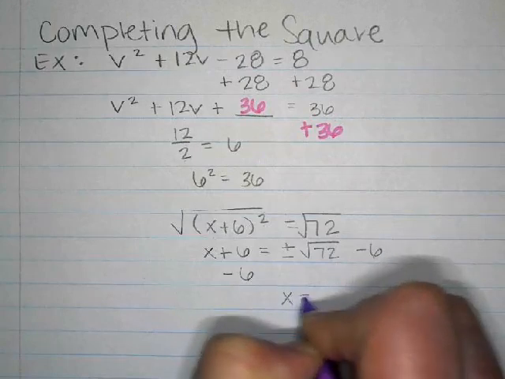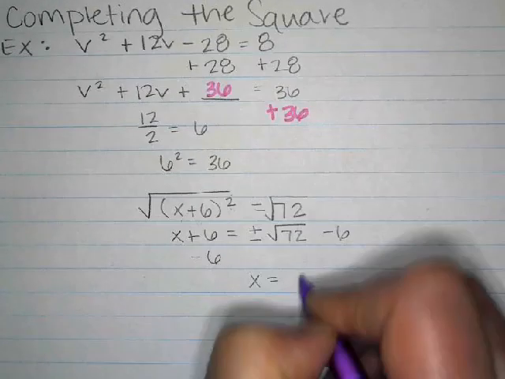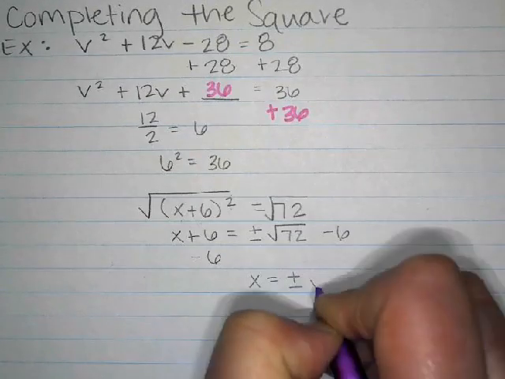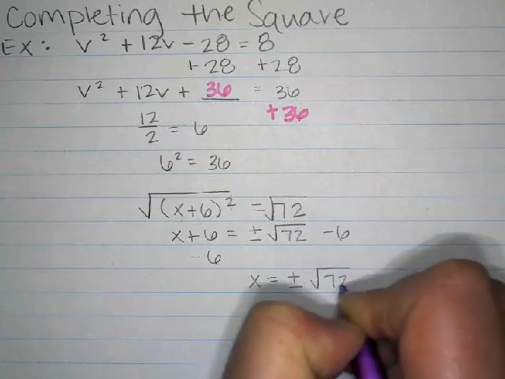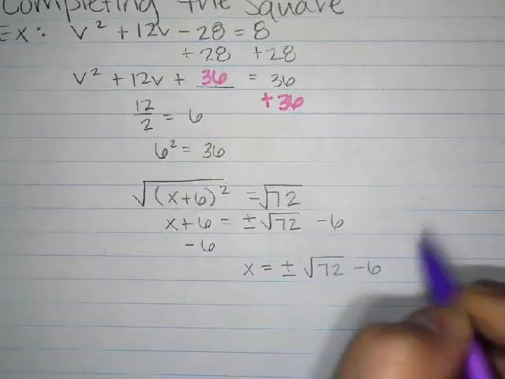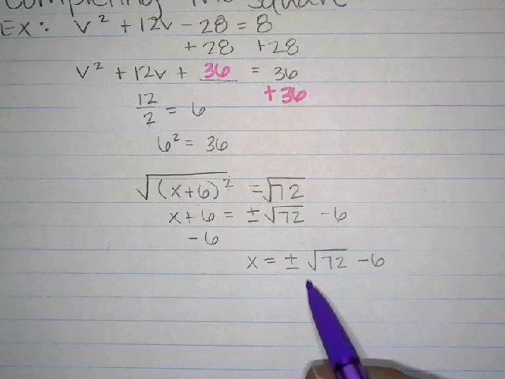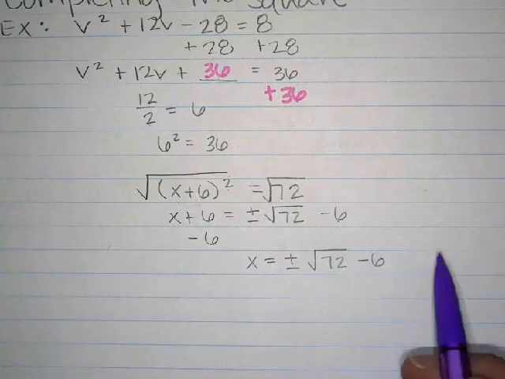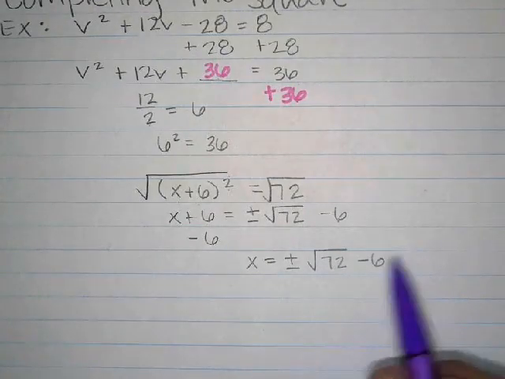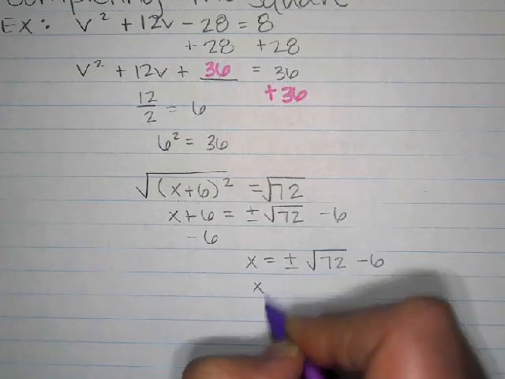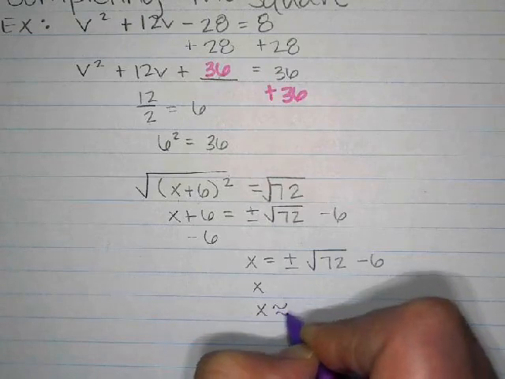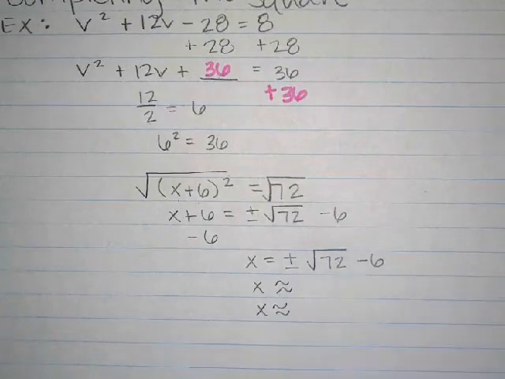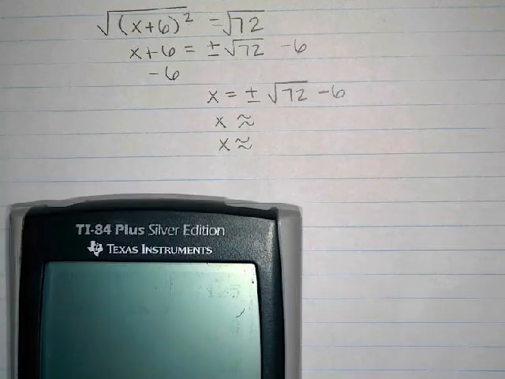So if we were saying exact answers that have not been ruined by rounding, then I would say my perfect exact answer is plus or minus root 72 with a minus 6 on the end. If I wanted to get the approximate answer, then I would go ahead and plug that in my calculator. And I'm going to get decimals because of that root 72.